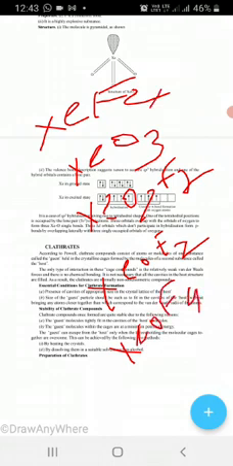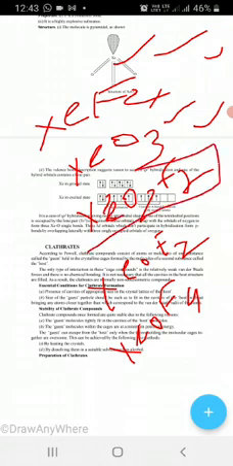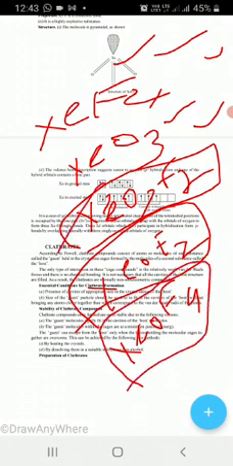You have 3 types of fluorides: xenon difluoride, tetrafluoride and hexafluoride. And oxides you have trioxide and tetroxide. And xenon oxyfluorides, like this. All these are called xenon compounds. The structure, shape, hybridization, preparation and properties of these, all of you have to study.